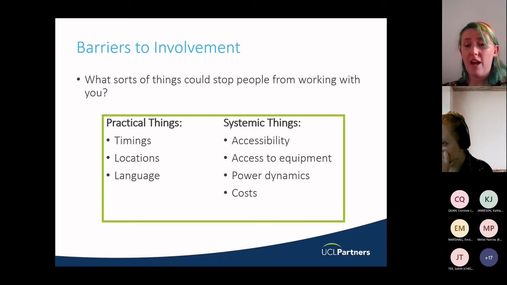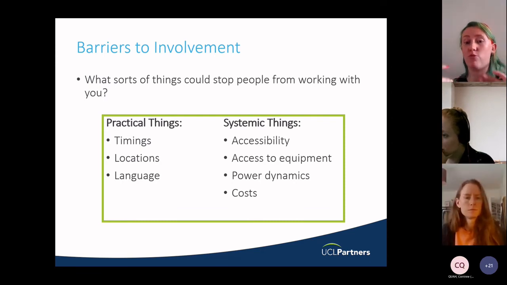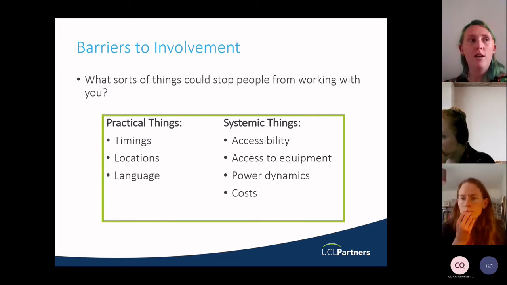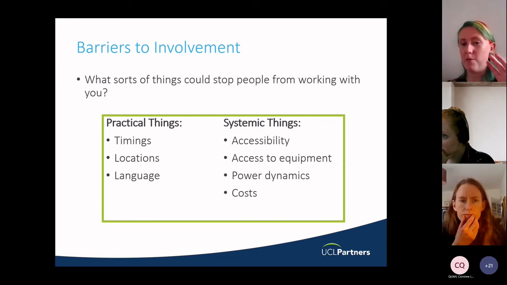Thinking about making sure there's access to equipment. Don't presume everybody has all of the tools and software that they need. Lots of people make the mistake of thinking that everybody has Word on their computer. Lots of people don't. So if there are documents that you need people to be able to read or get involved with, make sure you've got alternative formats for people to access.